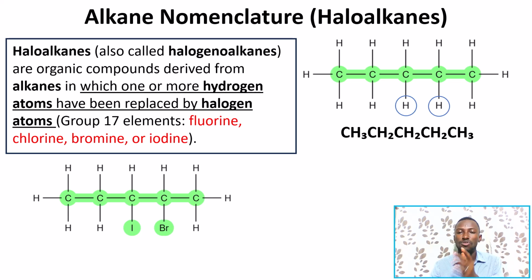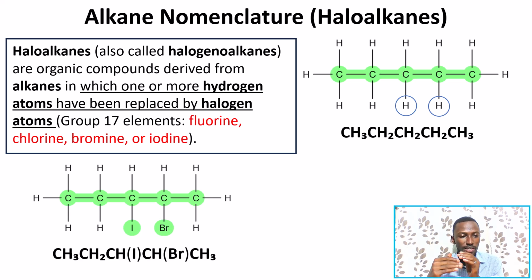For the structural formula, it can be written this way: the first carbon is bonded to 3 hydrogens, the second carbon is bonded to 2 hydrogens, then the third carbon is bonded to a hydrogen and an iodine, that's why I have CH in brackets I. Then the fourth carbon is bonded to a hydrogen and a bromine, that's why I have CH and Br. Then the last carbon is bonded to 3 hydrogens. I think that is clear. Good, so that is how haloalkanes are formed.